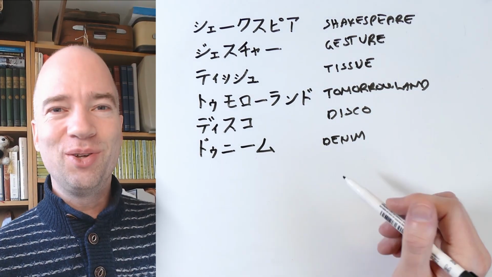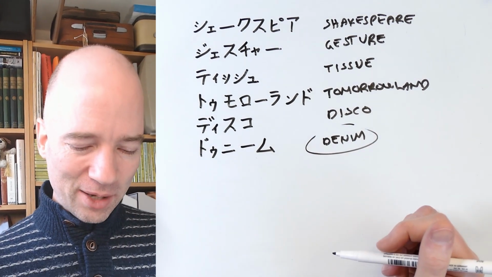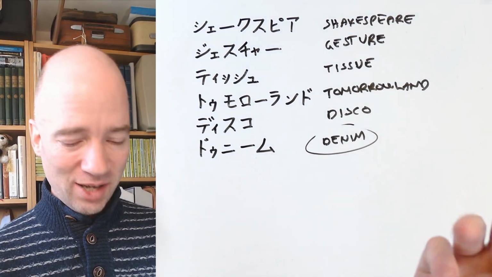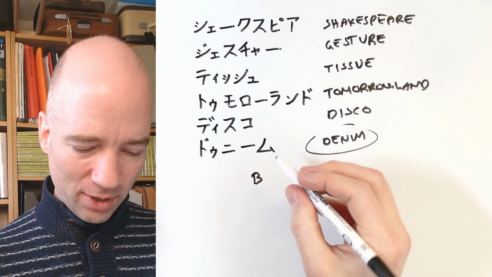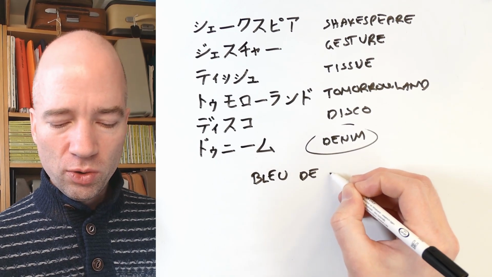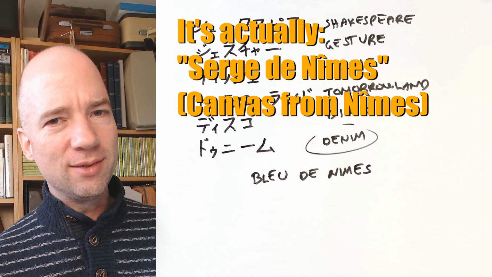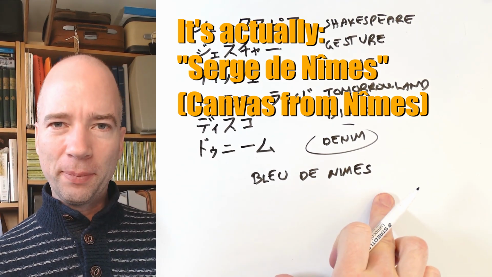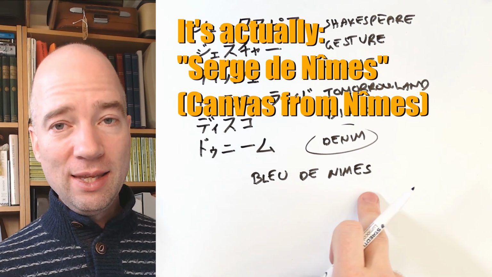Let's do the word denim in English. Where does denim come from? Well, it's from French. This is a little bit of an aside. This has nothing to do with Japanese now. Bleu de Nîmes in French means blue from Nîmes.